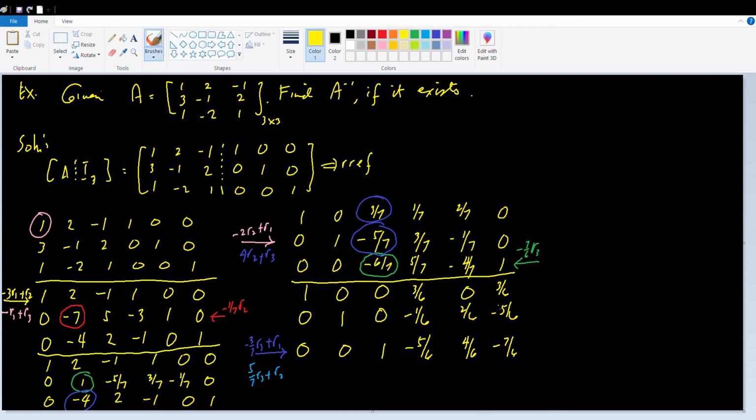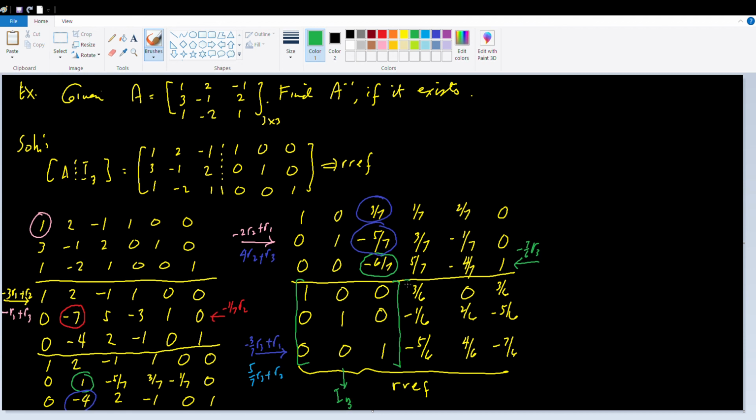So, what do we see here? We have already transformed this into reduced row echelon form. And we see that the first n columns is actually the identity matrix In, or I sub 3.